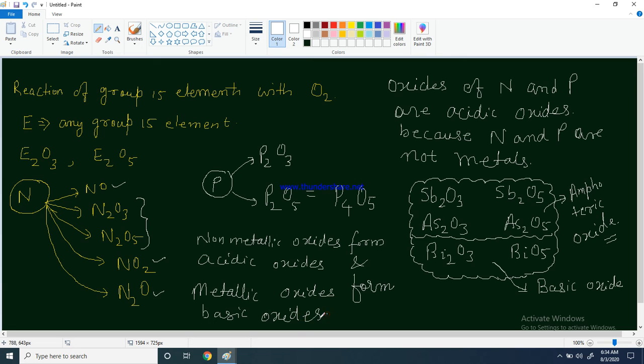But if the element is less metallic or like a metalloid, then they form amphoteric oxide. Amphoteric oxides are the oxides which show the property of both acids and bases.